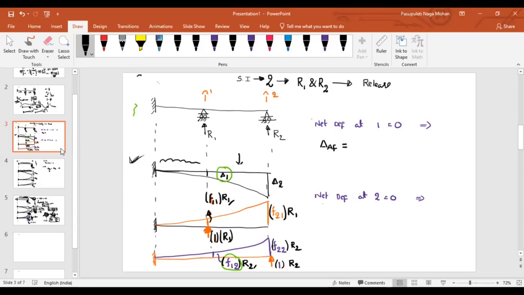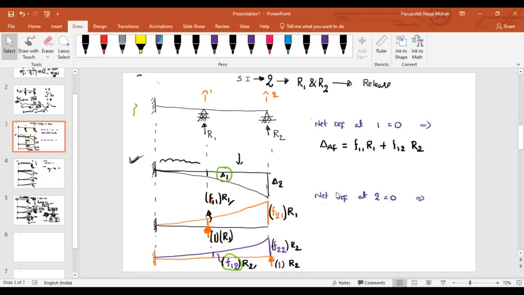What about the deflection due to reaction at 1? F11 times R1. What is the deflection at 1 due to R2? Plus F12 times R2.